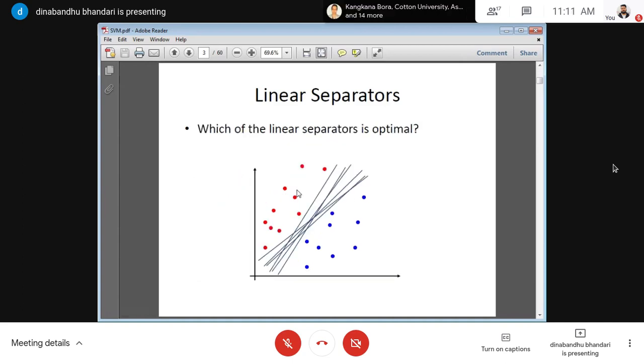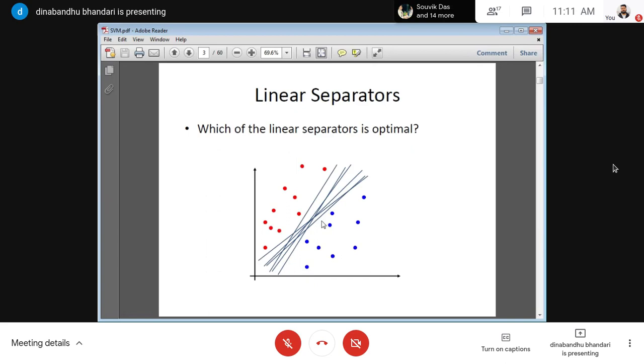Now here, let us consider how many different lines there can be that can work as a separator between two classes. As you see, there can be an infinite number of lines one can draw in between these, isn't it? So, which of these lines will you take?